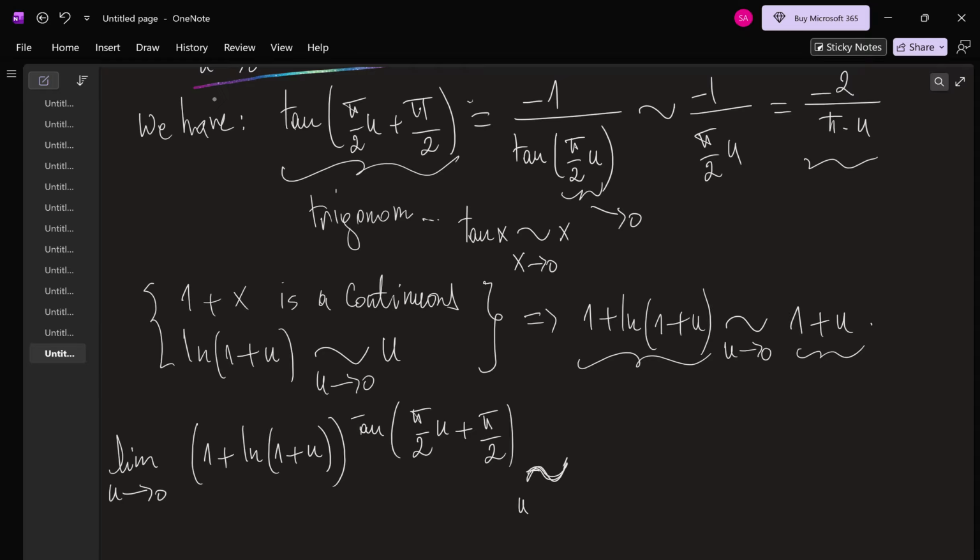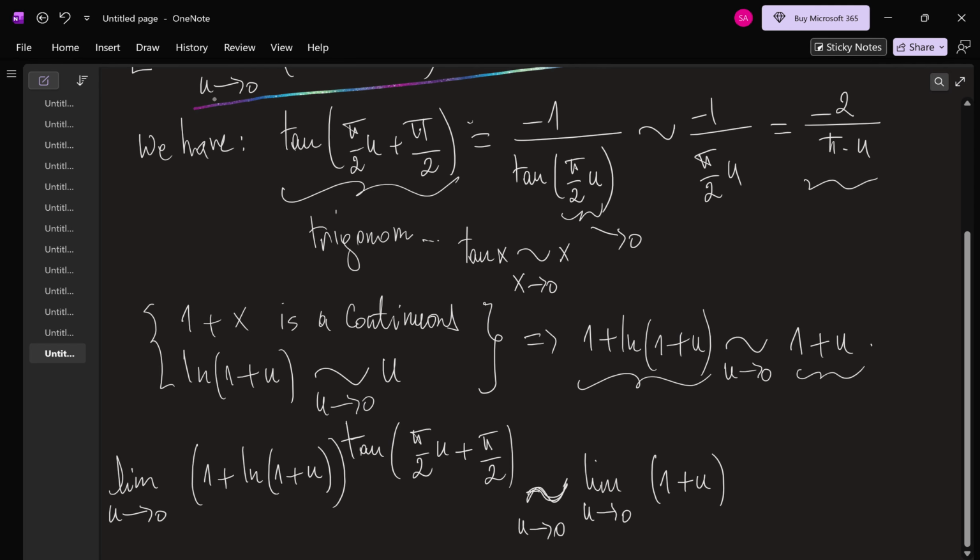So this is equivalent, using the equivalence relations when you approach 0, to the limit when u goes to 0 of (1 plus u) all to the power, here we have tangent, and this tangent is equivalent to, as we have seen here, minus 2 over pi u.